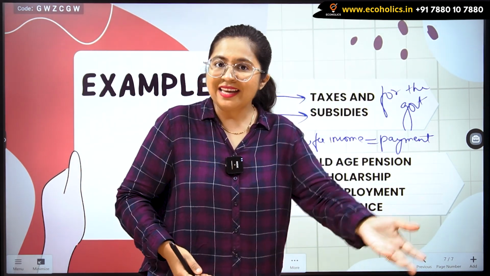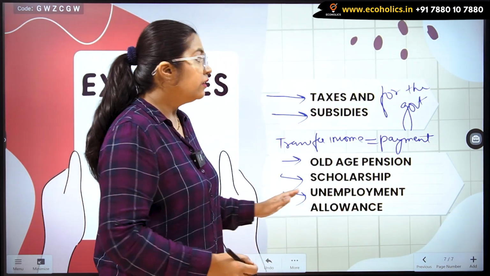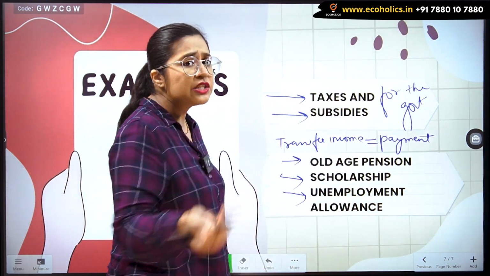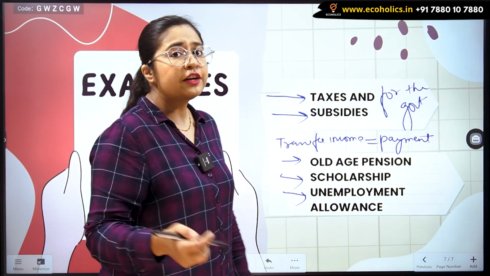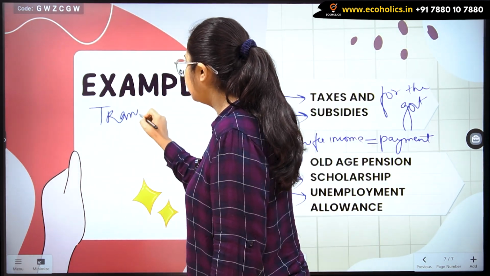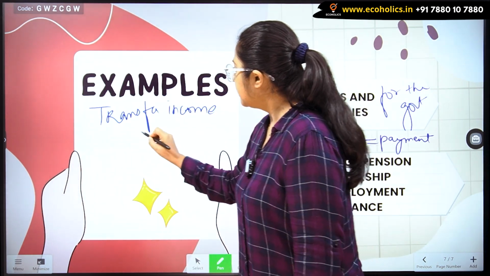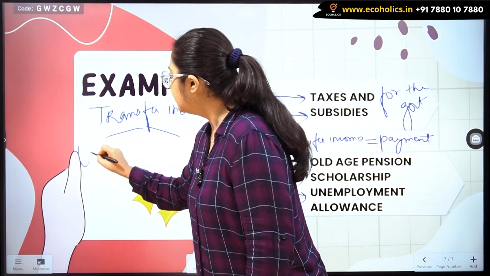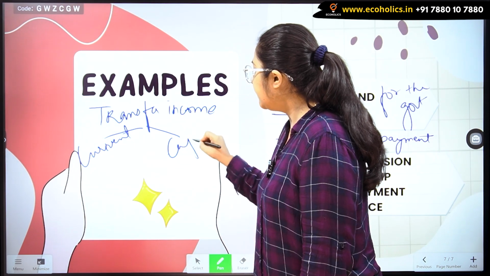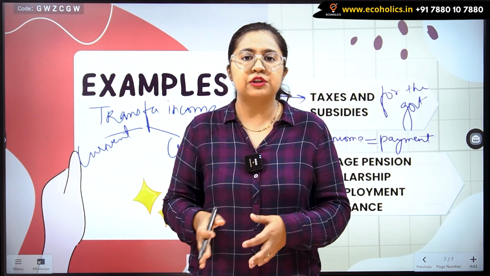And if someone is paying it, it will be a transfer payment, but the concept remains the same. Now here, there's also a very interesting fact: transfer income is divided into two parts. Transfer income can be called current transfer and capital transfer.